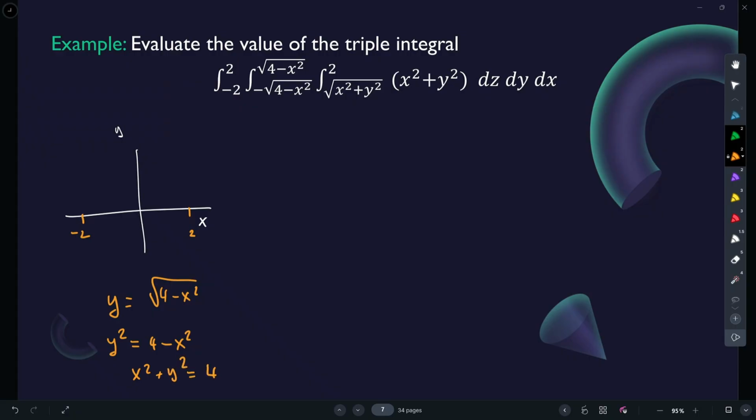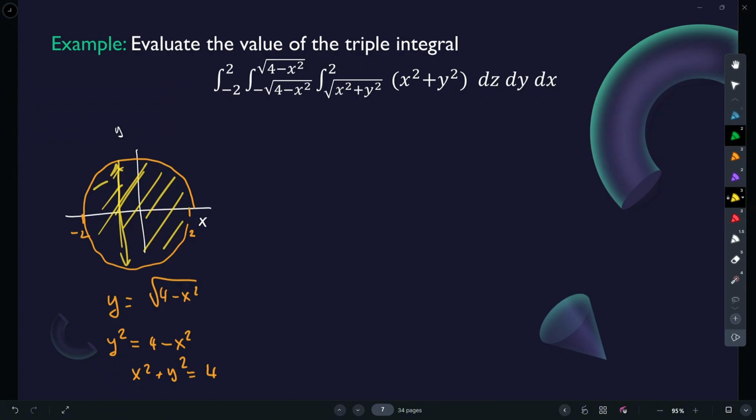So it's a circle of radius 2. So I'm moving in y all the way from the top of the circle to the bottom of the circle. So the base of this region is everything above a circle of radius 2.